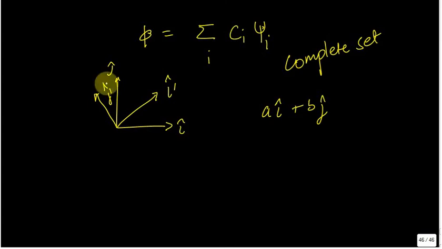But I can also define each and every vector in terms of i prime and j prime: C1 i prime plus C2 j prime. Which also means that I can define i and j in terms of i prime and j prime as well. So using the same analogy, I go back to my functional spaces.